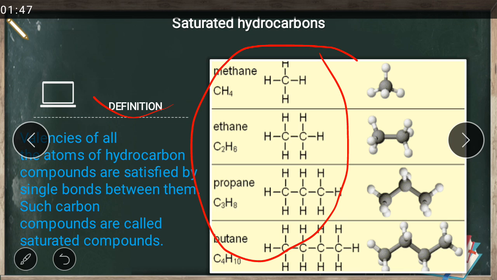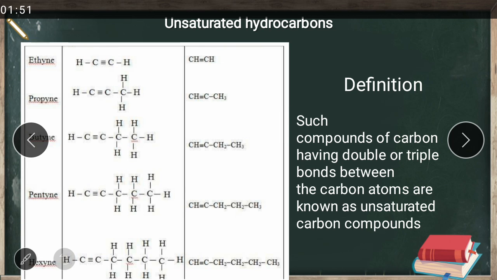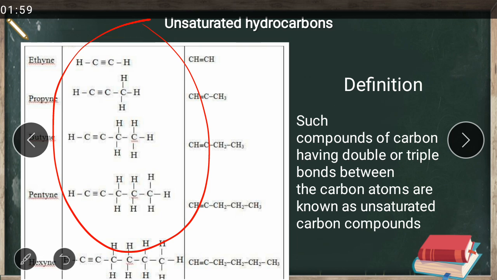Okay. Now let's discuss unsaturated hydrocarbons. Now look at the examples. Here you can see a triple bond exists. Here also exists a triple bond.